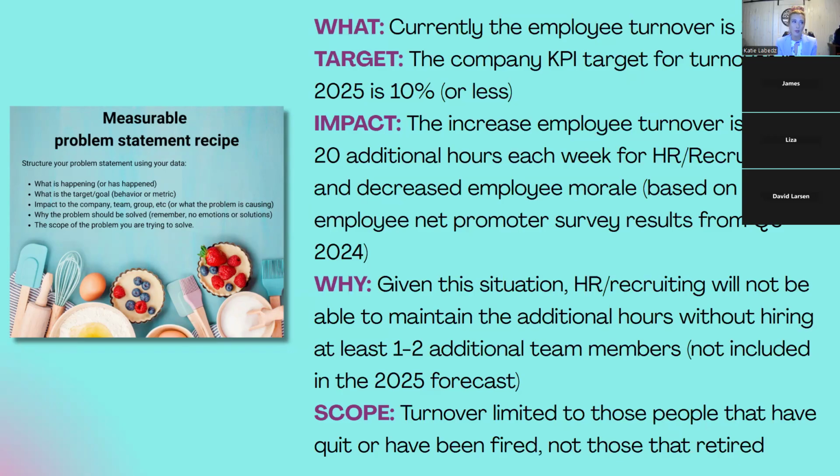So why should we solve this problem? Given this situation, HR and recruiting will not be able to maintain the additional hours without hiring at least 1 to 2 additional team members that were not included in the forecast. The scope is turnover limited to those people who have quit or been fired, not those that retired.